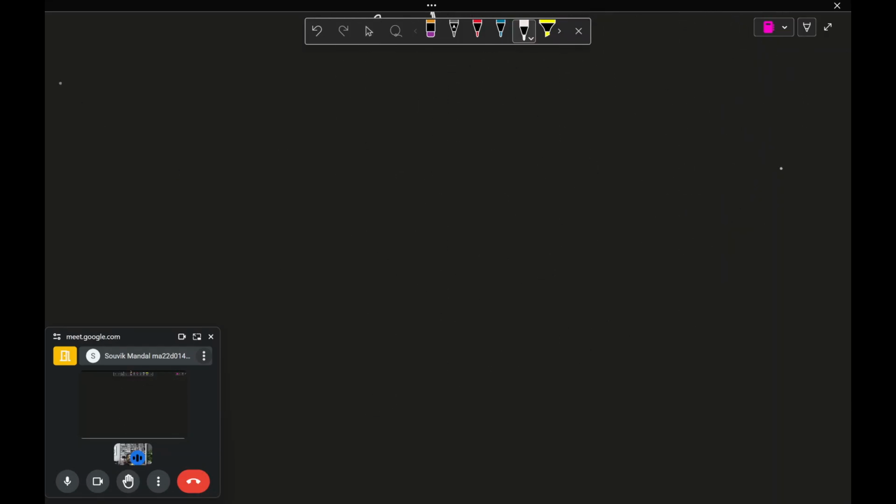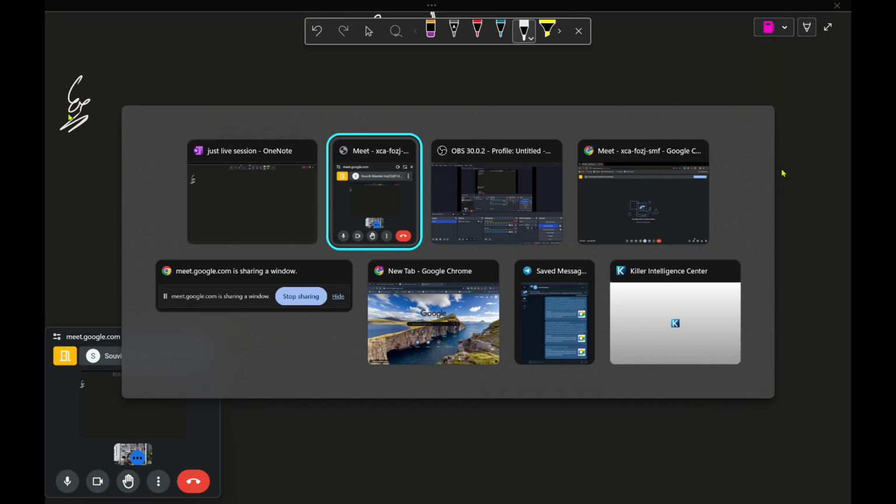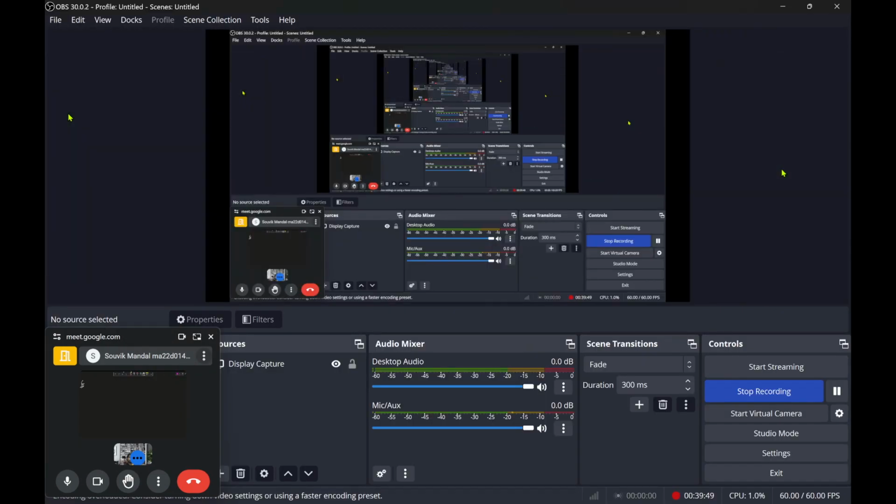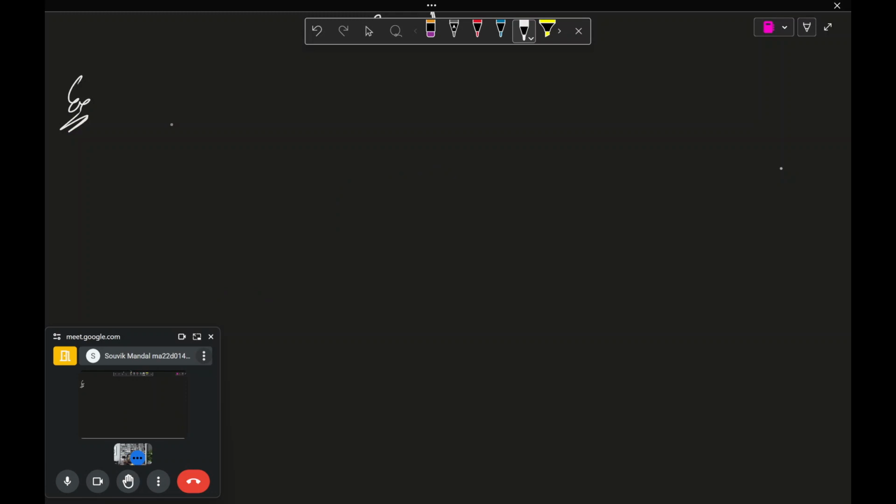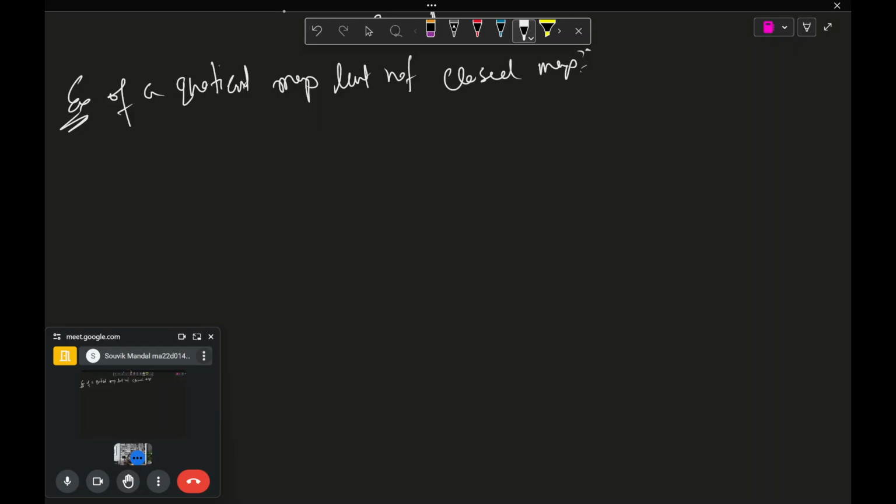So this example is like, wait a minute. Example of a quotient map, but not a closed map.